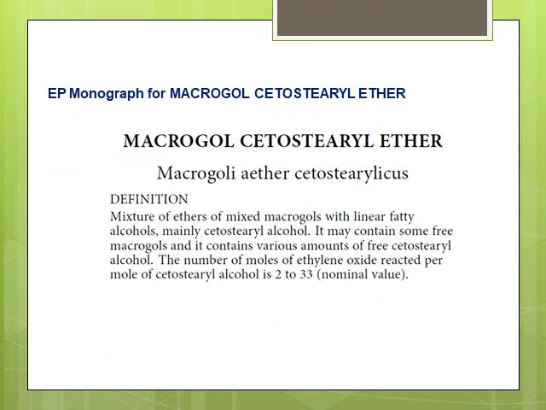There is a monograph for these excipients in the European Pharmacopoeia, and it is under macrogol cetostearyl ether. This monograph describes excipients that have macrogol, which is another name for PEG, attached to cetostearyl alcohol, which is cetyl and stearyl alcohol.